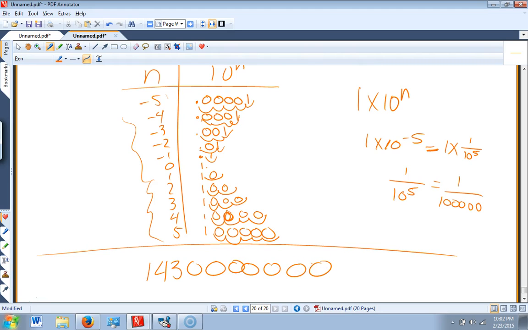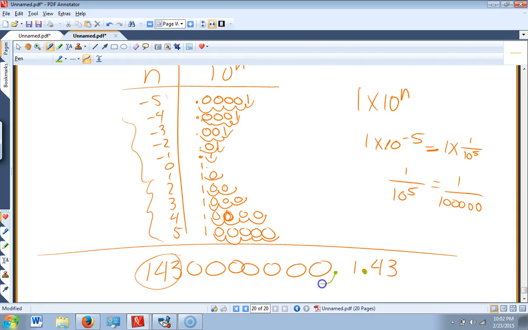in scientific notation. The first thing we need to do is identify our integer, right? We can turn it into 1.43. Right now, this decimal point is at the end of the number, and we need it to move so that it's sitting in our integer that's between 1 and 10.